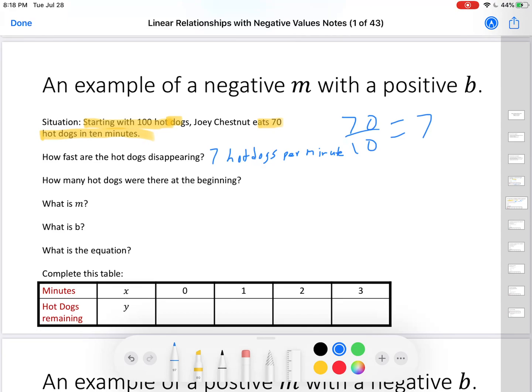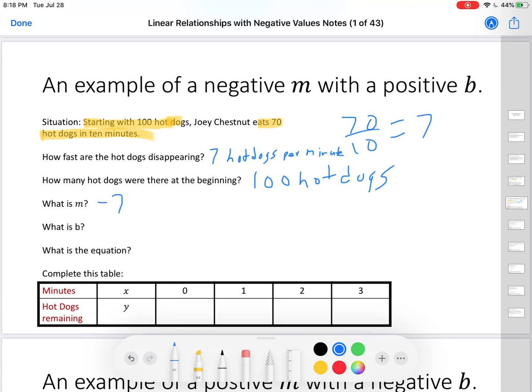How many hot dogs were there at the beginning? Well, we know that. It tells us there are 100 hot dogs at the beginning. And you should write the word hot dogs, because it wasn't 100 miles, it wasn't 100 hamburgers, it was 100 hot dogs. So what is M? Well, it's 7, but it's not 7, it's negative 7, because it is disappearing, it is going down.